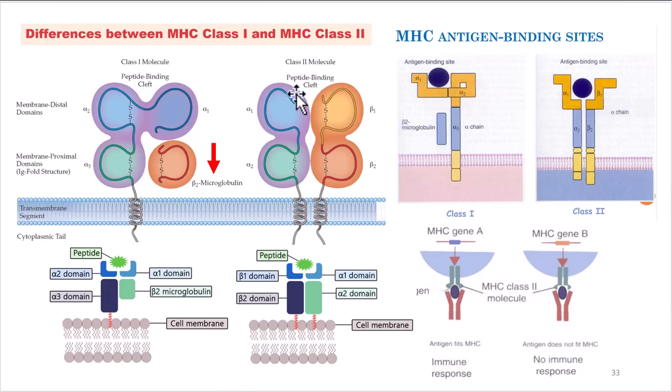If we compare this to the class 2s, they are actually made of 2 separate molecules that each have their own membrane insertion domain, and they have a bigger area. It's not one molecule, but 2 areas. So if we see these diagrams over here, for the MHC class 1s, we have one molecule with a groove in it, and that's the antigen binding site.